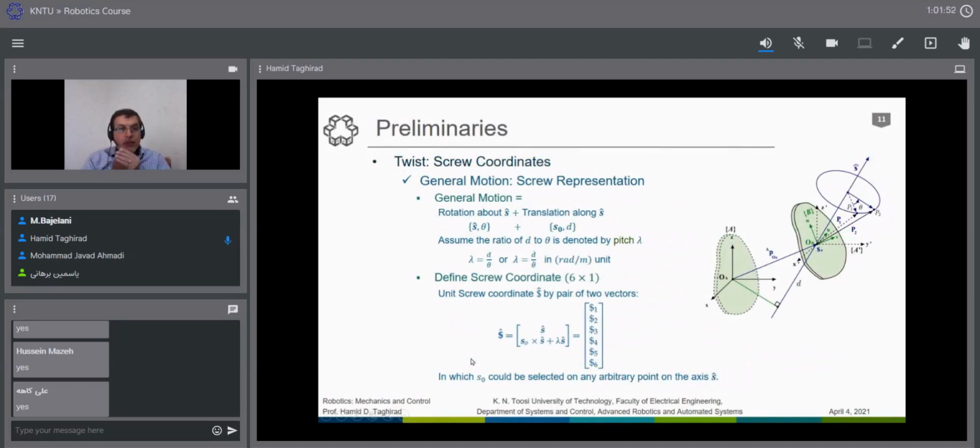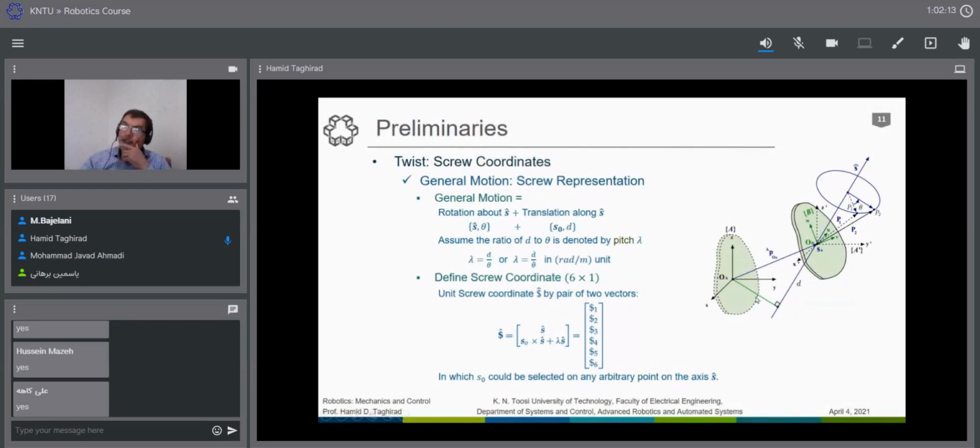What about screw matrix and screw coordinates? Now we come to a very important issue. We call it screw coordinates. Let me remind you about the screw representation.